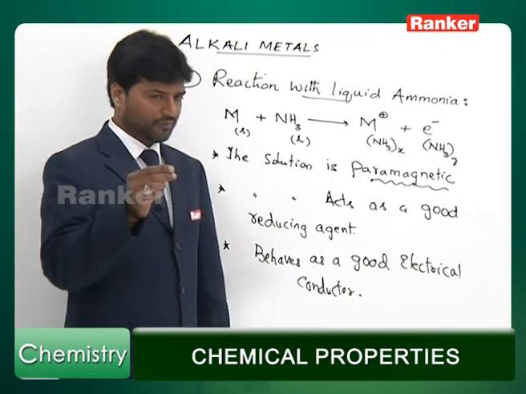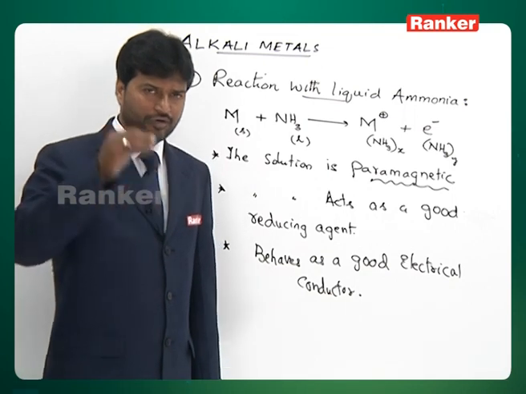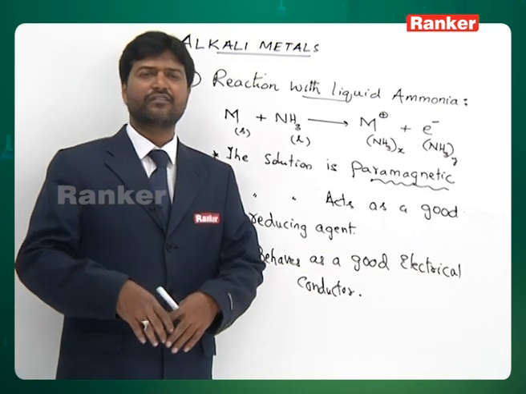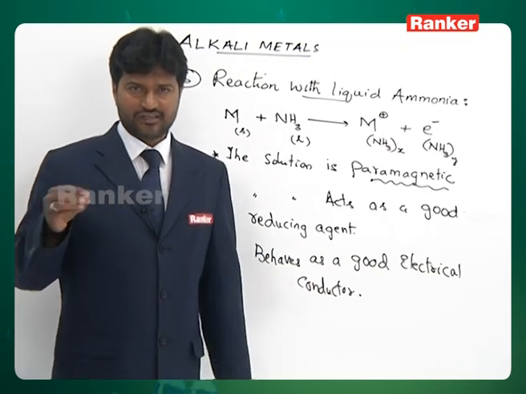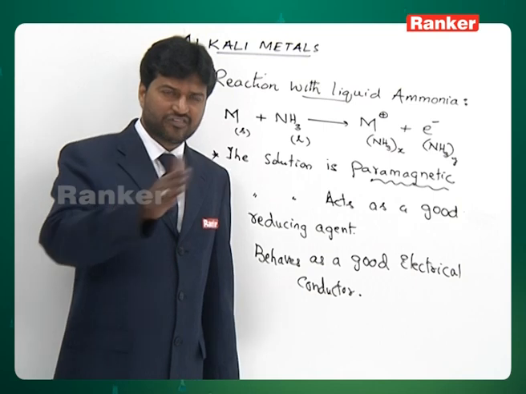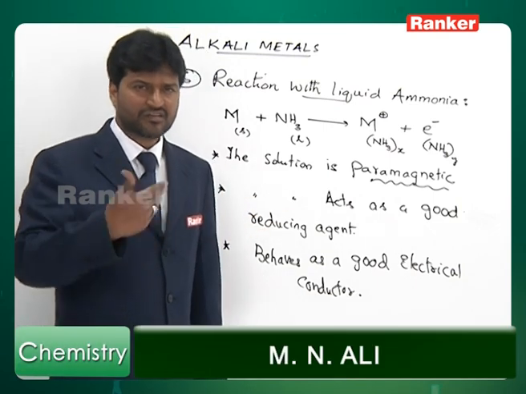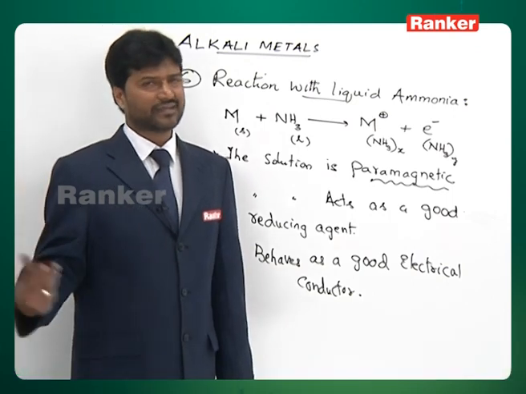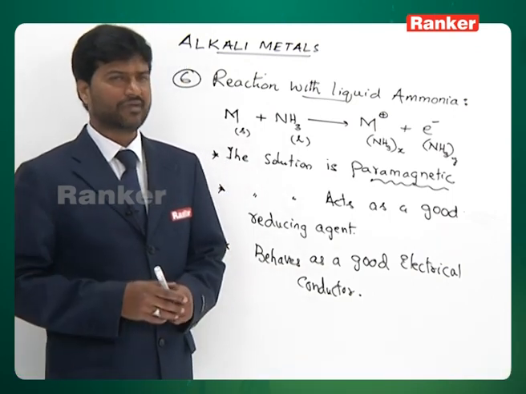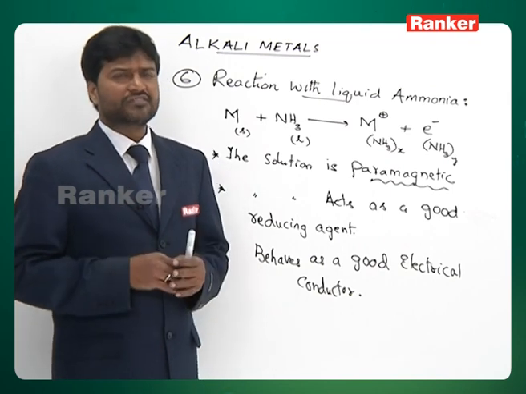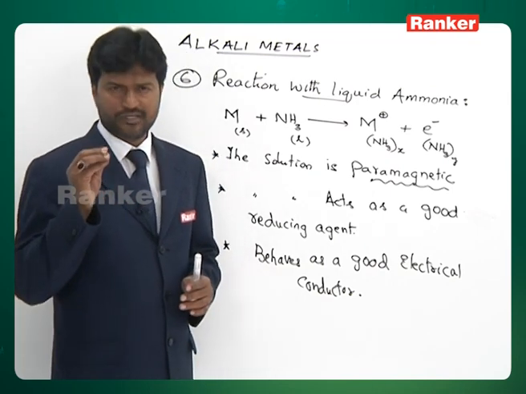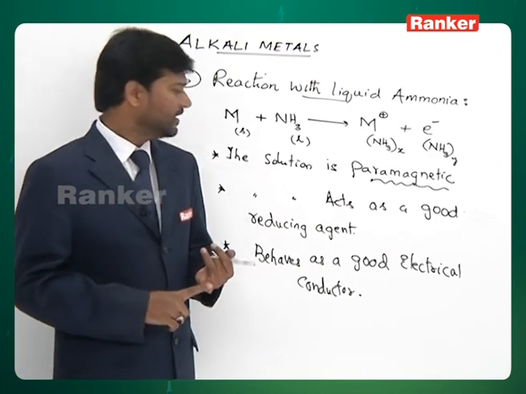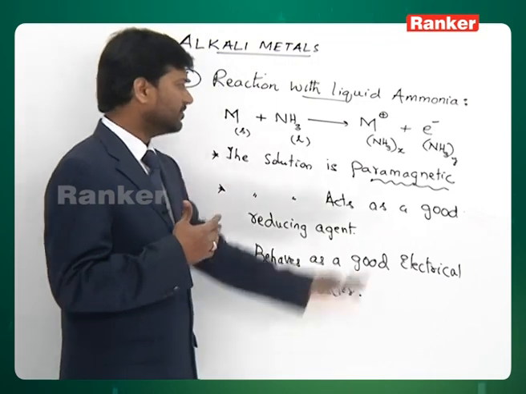Here I would like to add one more point. If you go on adding more and more alkali metal in the liquid ammonia, then the solution develops bronze coloration. It changes from deep blue to bronze coloration when you increase the concentration of alkali metal in the solution, and this solution becomes diamagnetic. Up to moderate concentration, the solution will be deep blue colored. It will act as a good reducing agent, it will be an electrical conductor, and it will be paramagnetic.